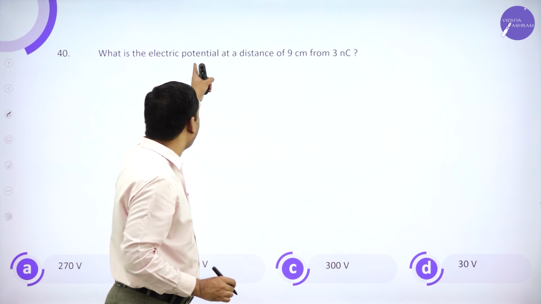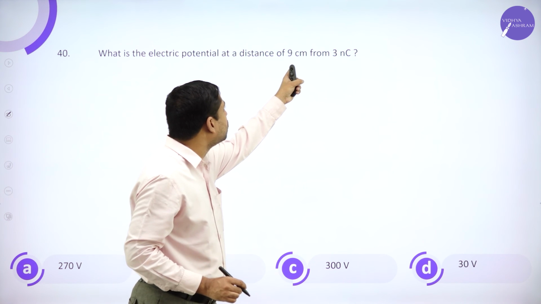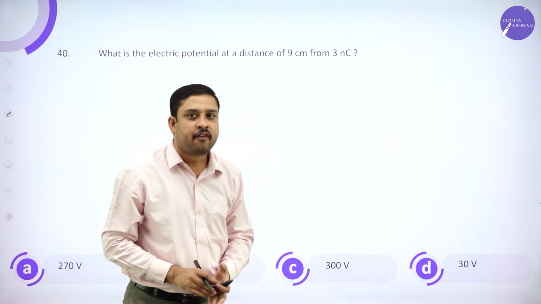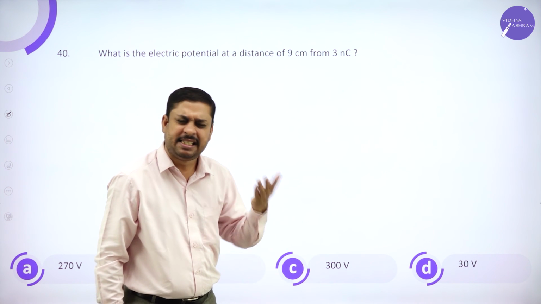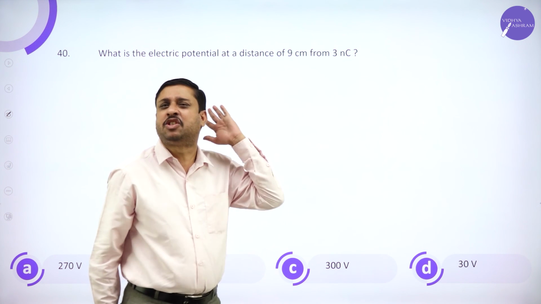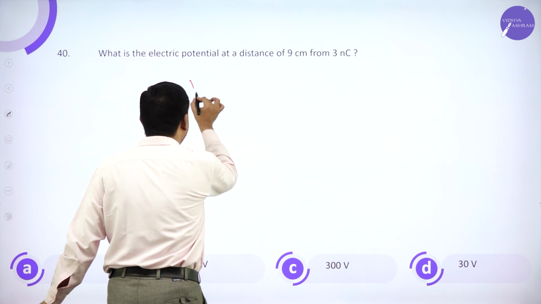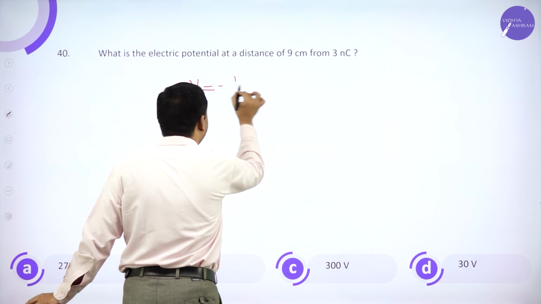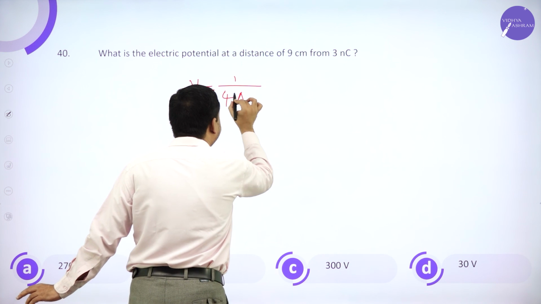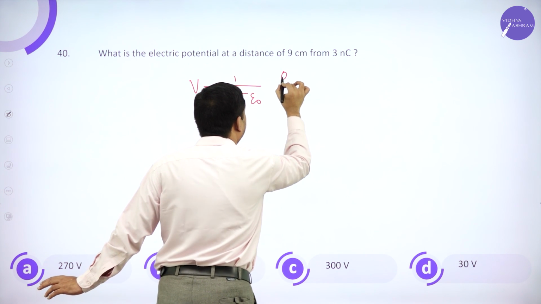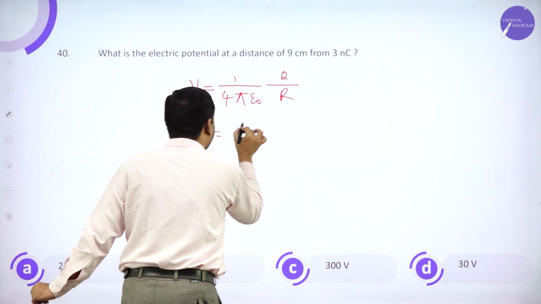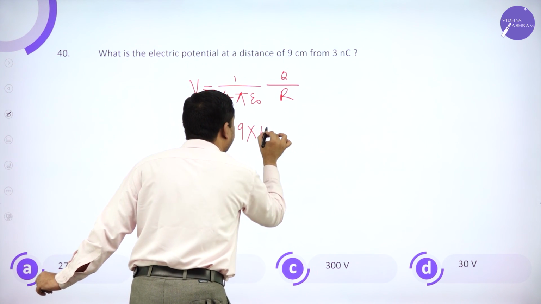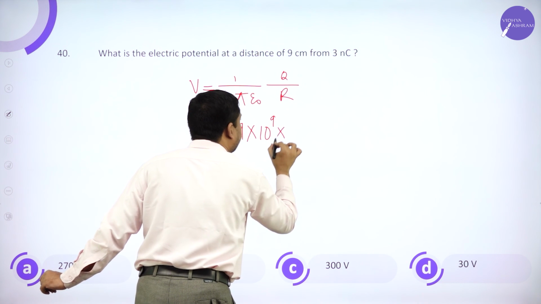What is the electric potential at a distance of 9 centimeter from 3 nanocoulomb charge? Such easy questions. Just know basic relations. Potential V is 1 by 4 pi epsilon naught Q by R. What is the value of 1 by 4 pi epsilon naught? 9 into 10 power 9.